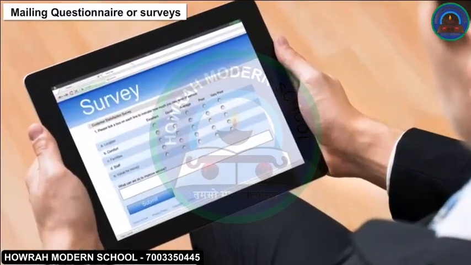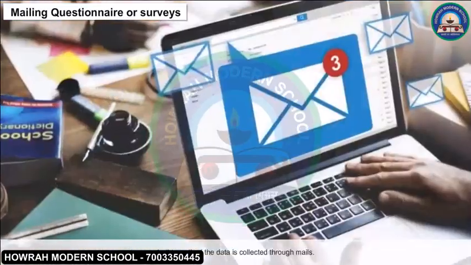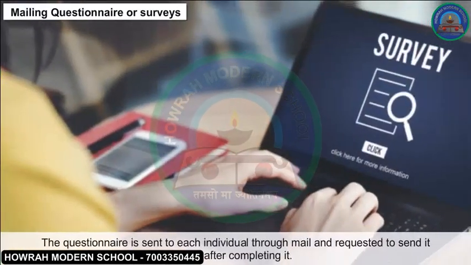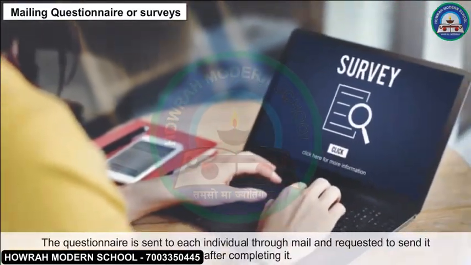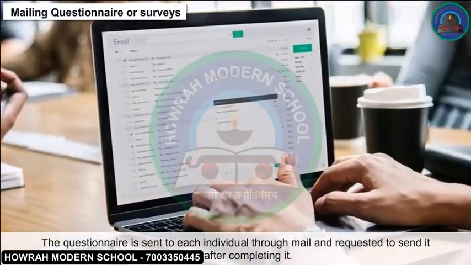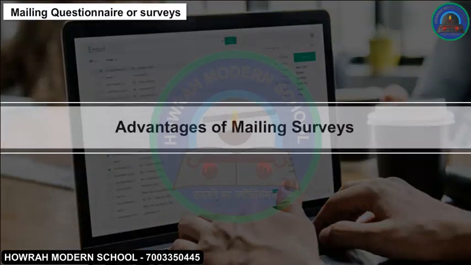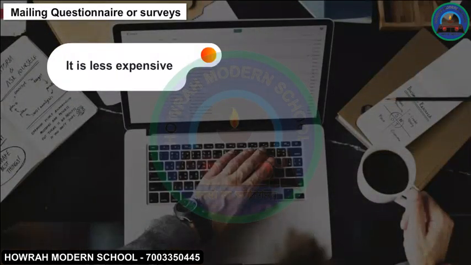Mailing questionnaire or surveys. In this method, the data is collected through mails. The questionnaire is sent to each individual through mail and they are requested to send it back after completing it. Advantages of mailing surveys. It is less expensive.